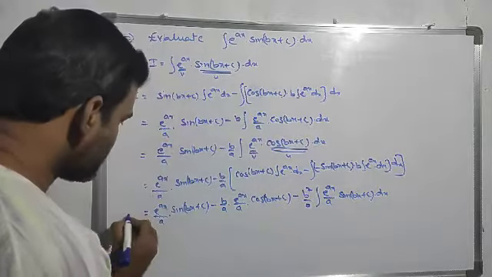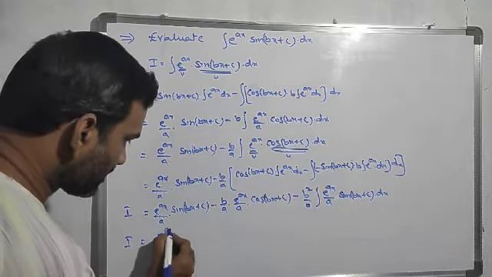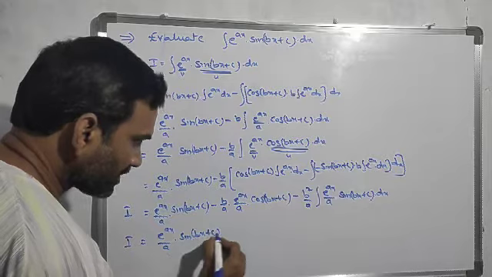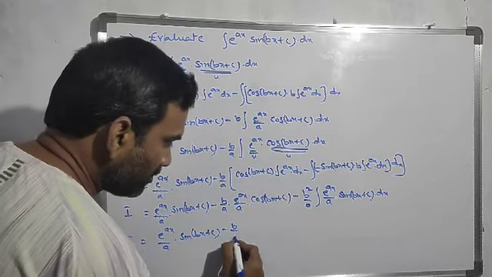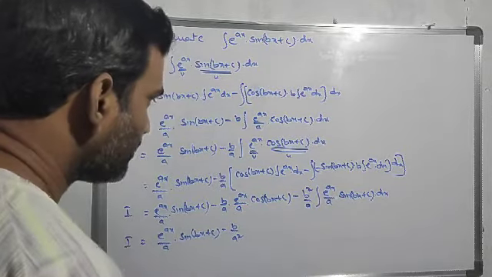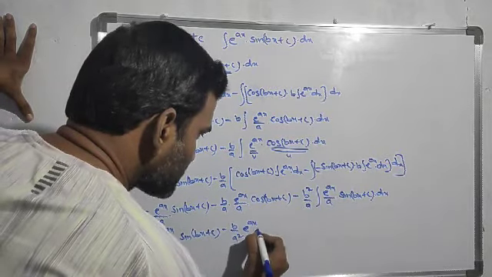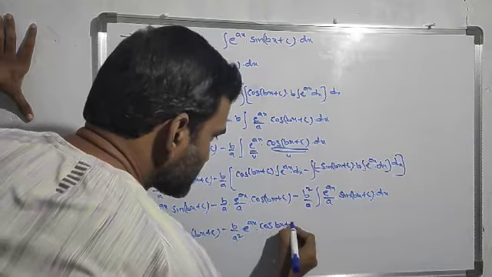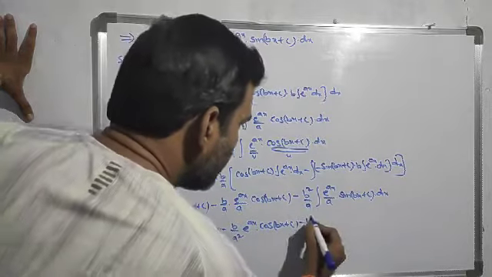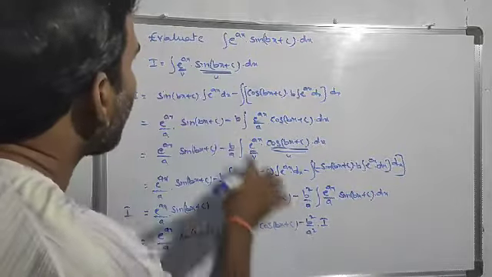So this is the value of I. So I equals e power ax by a into sine of bx plus c minus b by a square into e power ax into cos of bx plus c minus b square by a square into the remaining total value, which is I.